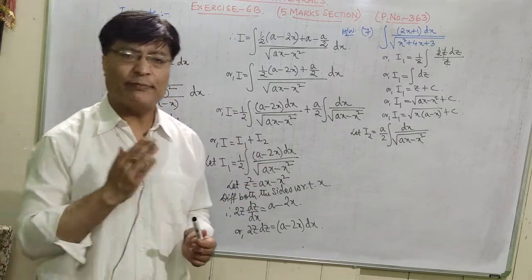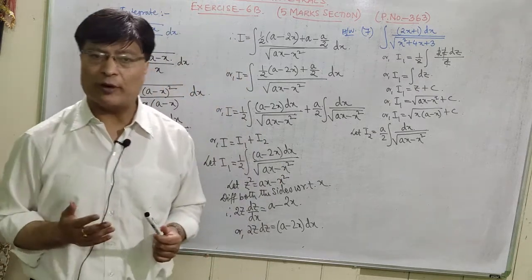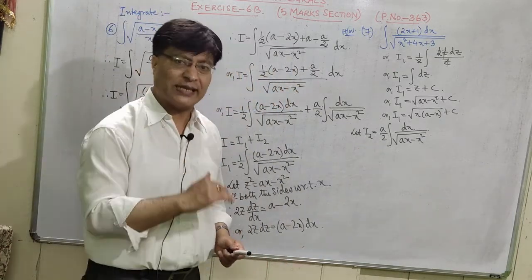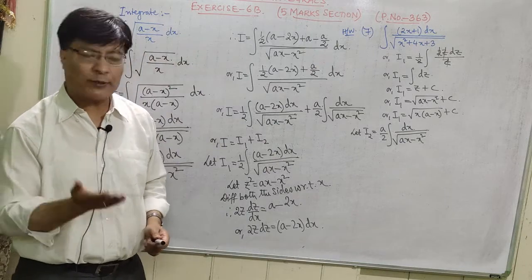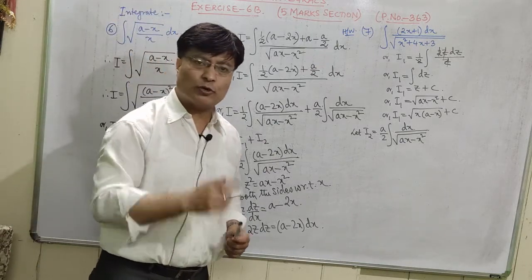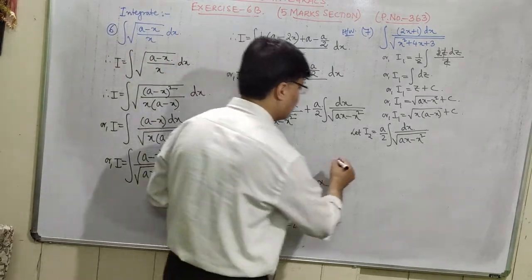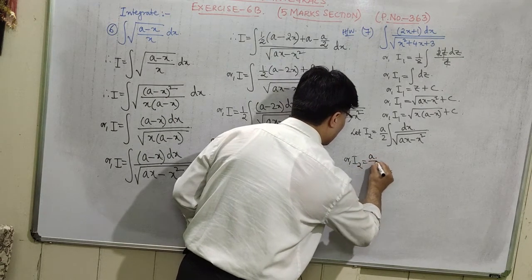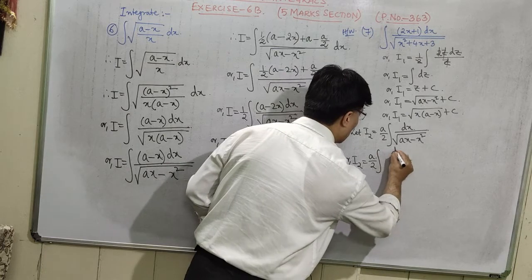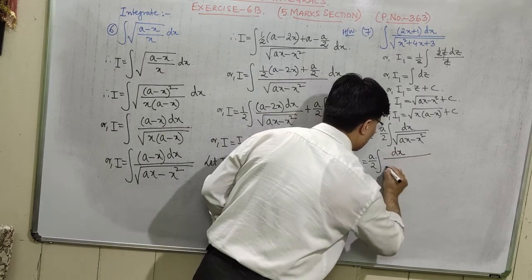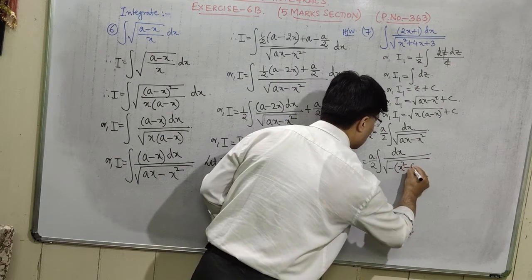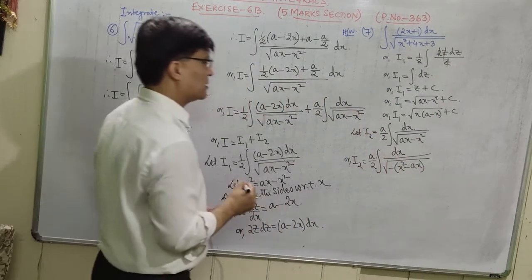Before that, make the coefficient of x square positive 1, because this expression contains both x square as well as x. So I2 is equal to a by 2 integration of dx divided by root over, minus taken common, so it is x square minus ax.